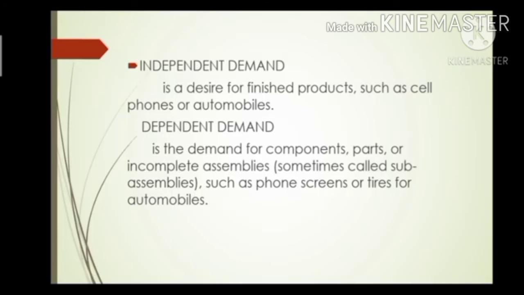These part quantities depend on the quantity of cell phones you want to produce. This relationship between the materials and the finished products is shown on a bill of materials and is calculated with MRP.